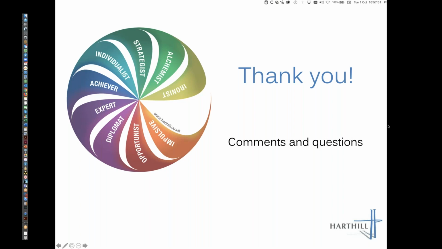So the sample numbers in the HBR article have changed, not dramatically, but they have changed. The thing about the numbers that we have in the Harthill database is that they're not representative samples of the human population or even the leadership population. They're entirely self-selected.